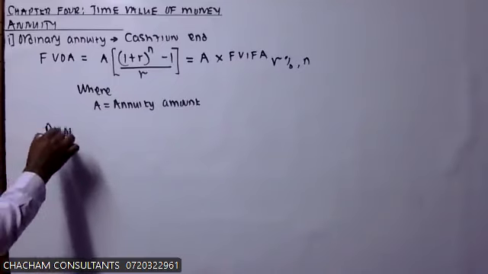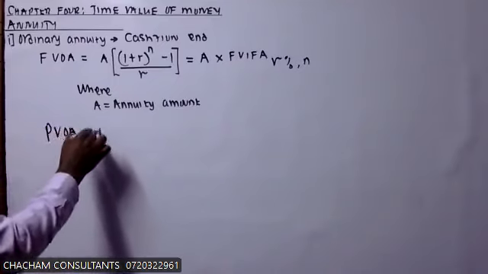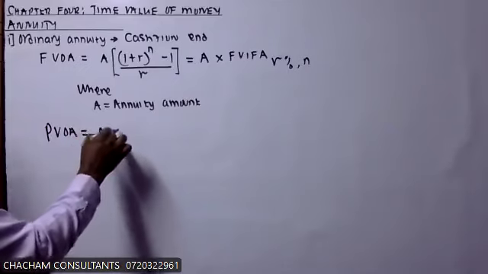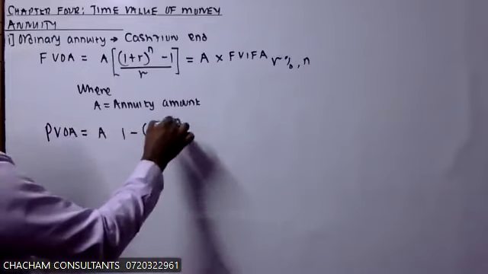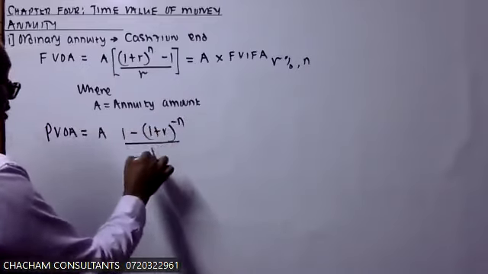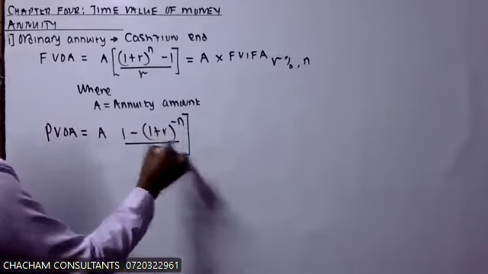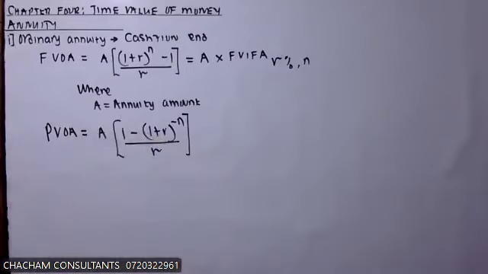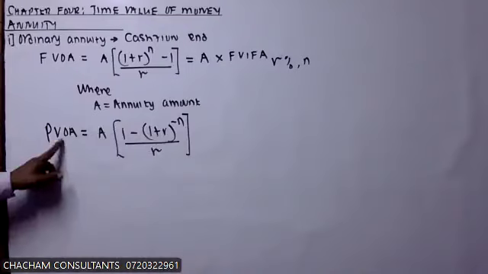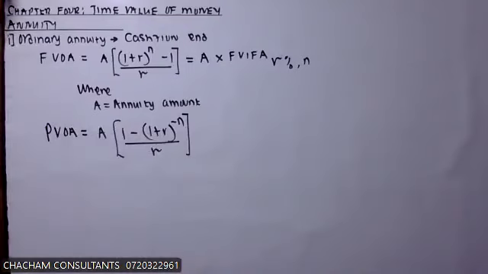The present value of ordinary annuity is A times (1 minus 1 plus R raised to the power minus N) divided by R. If you want to get the present value, formula inapiduka hivyo.